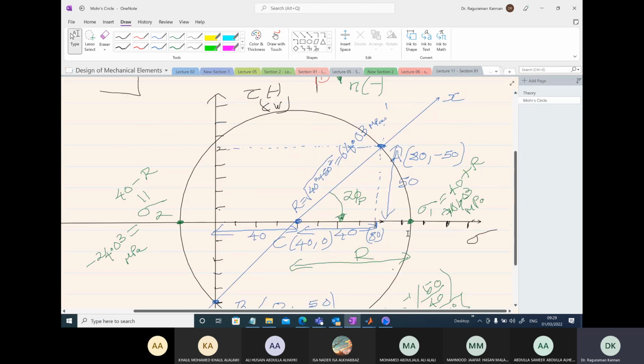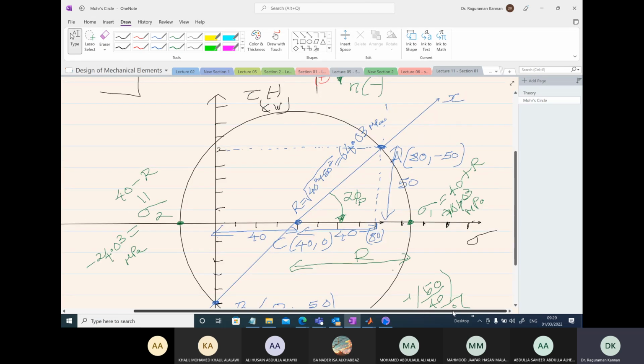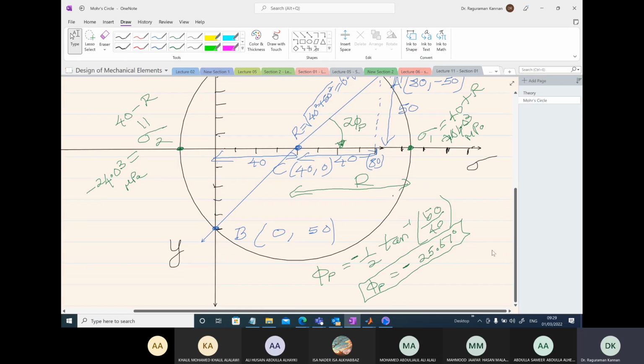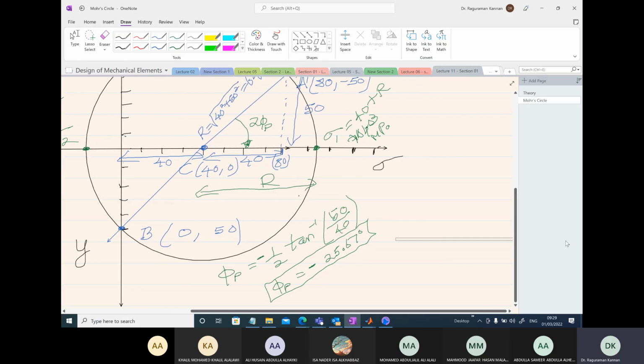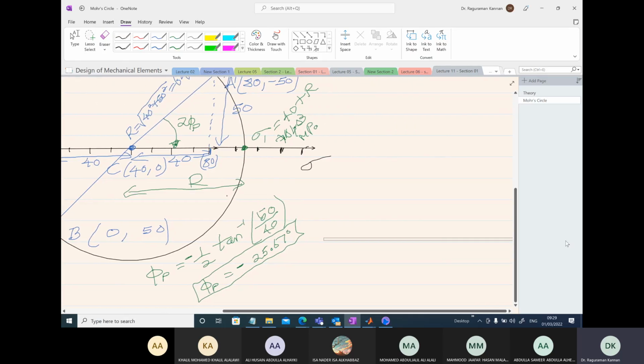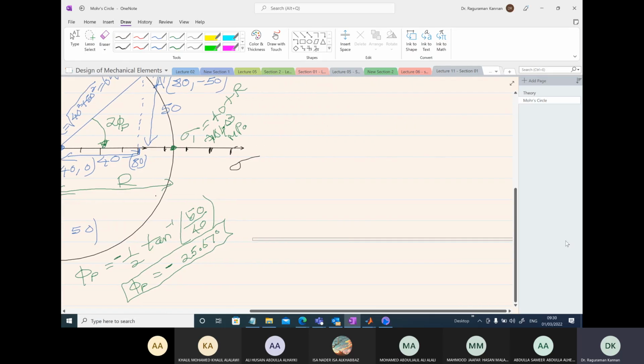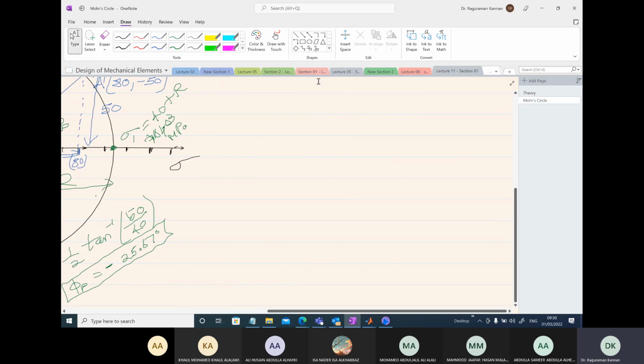The next step will be to draw the stress elements along the principal stress direction. Okay, so let's go towards the right and draw the stress element there. The stress element on the x and y axis, in black color the axis.